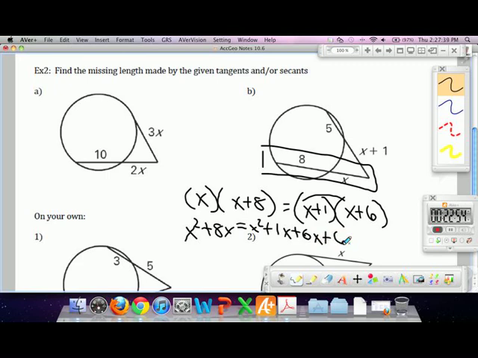We've got x squareds on both sides. 8x is 7x plus 6. Subtract the 7x, and we should get x. X is 6 in this case.